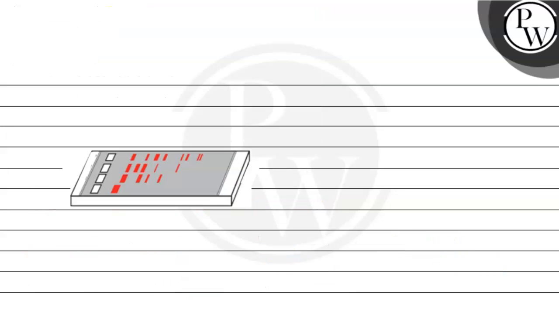अब अगर हम जेल इलेक्ट्रोफोरेसिस का एक बेसिक डायग्राम देखें, so this is the gel matrix in the gel electrophoresis. And these are the wells.